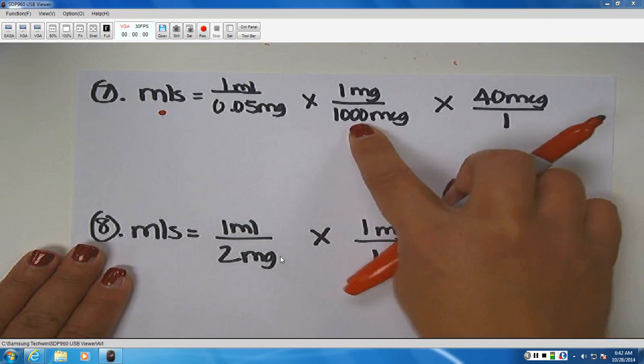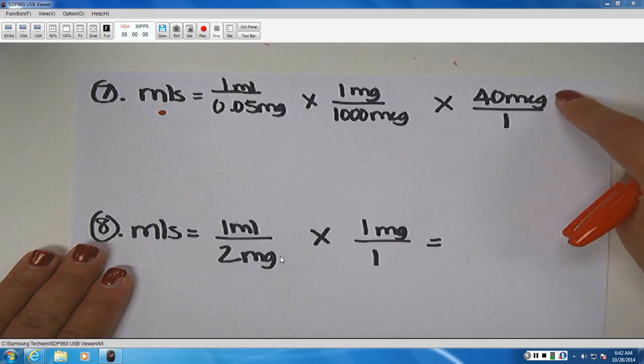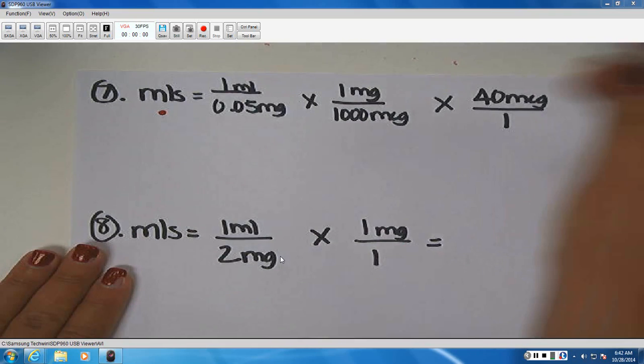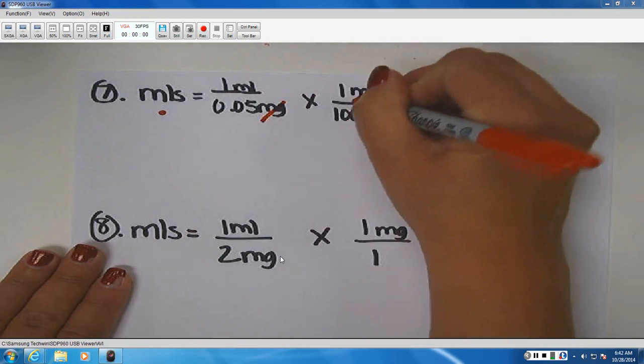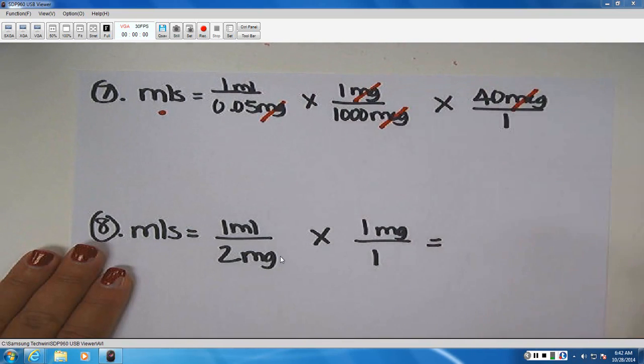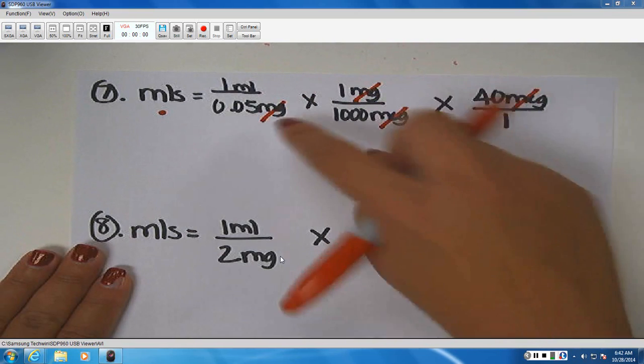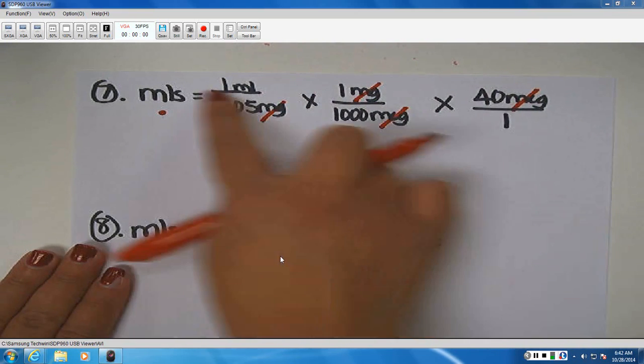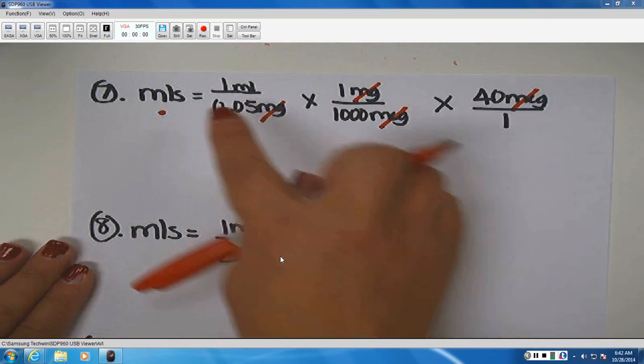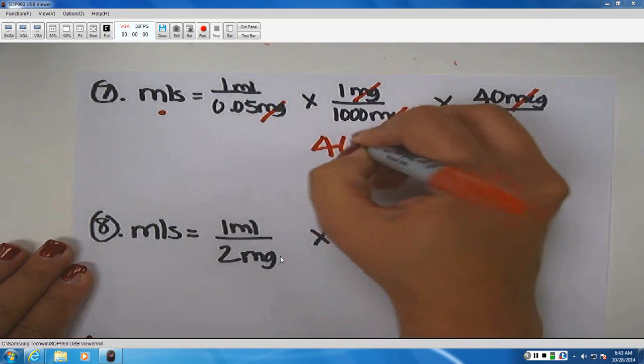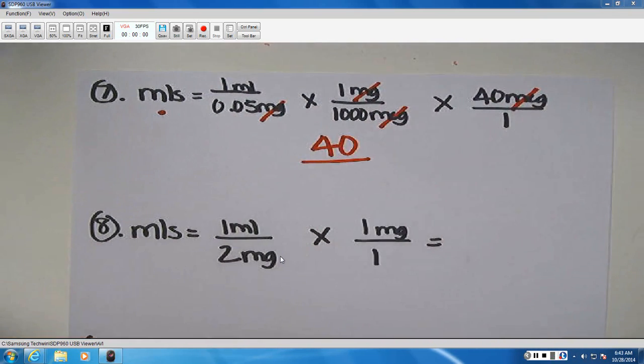Since I have micrograms here, over here the physician's order is 40 micrograms. So essentially, I have these set up so I can cancel my micrograms and my milligrams out. And now we're just going to multiply straight across the board. So this is 40 over, and we'll take 0.05 times 1,000 equals 50.